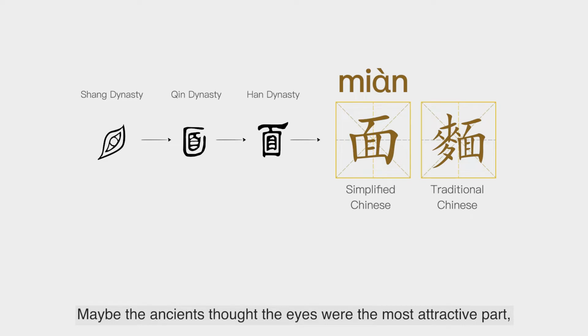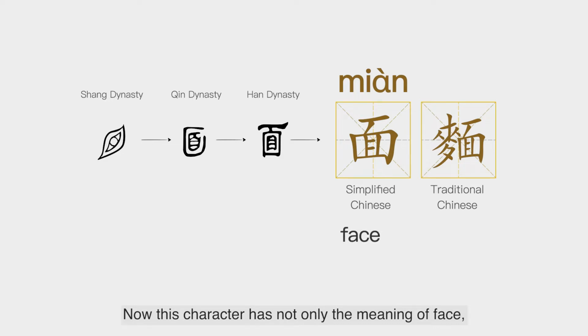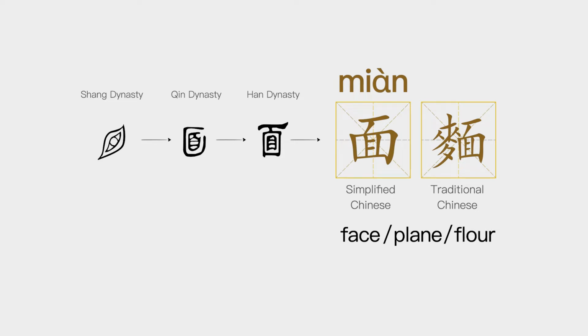Maybe the ancients thought the eyes were the most attractive part, so only the eyes were drawn on the face. Now, this character has not only the meaning of face, but also the appearance and plane of things, and so on. In addition, this character also means flour in modern times.